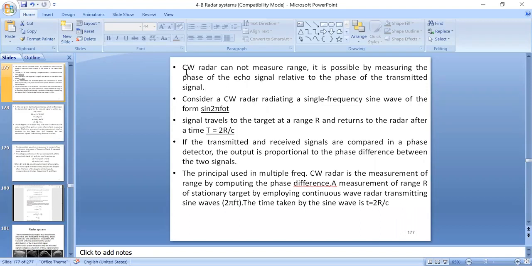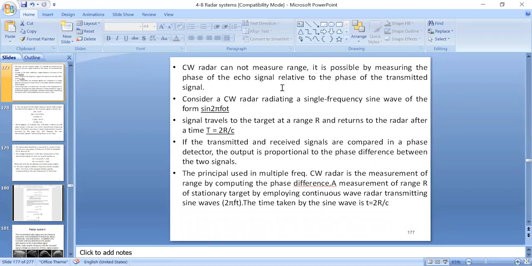So Seema, here a continuous wave radar cannot measure the range, right? That was the drawback of basic continuous wave Doppler radar. But it is possible by measuring the phase of the echo signal relative to the phase of the transmitted signal. We can calculate the range like this.